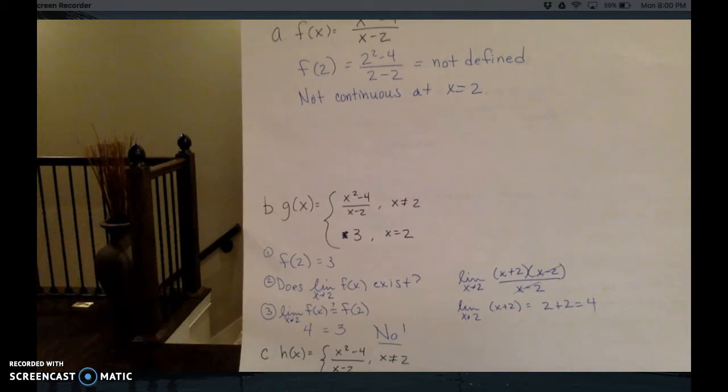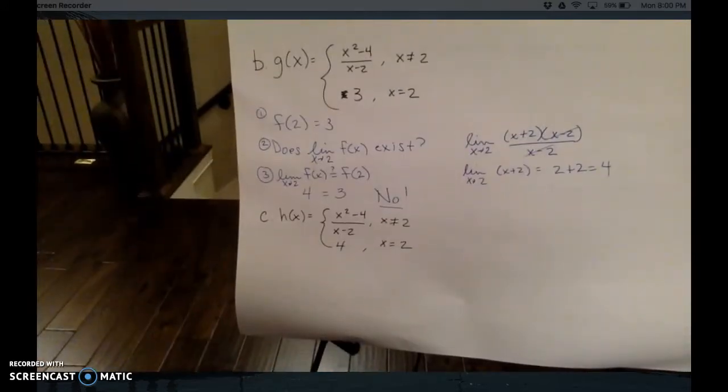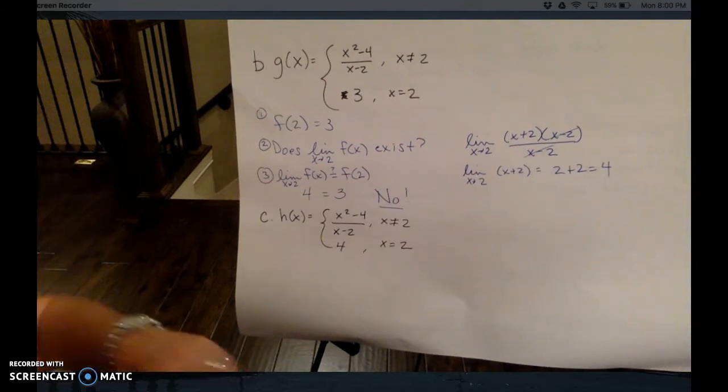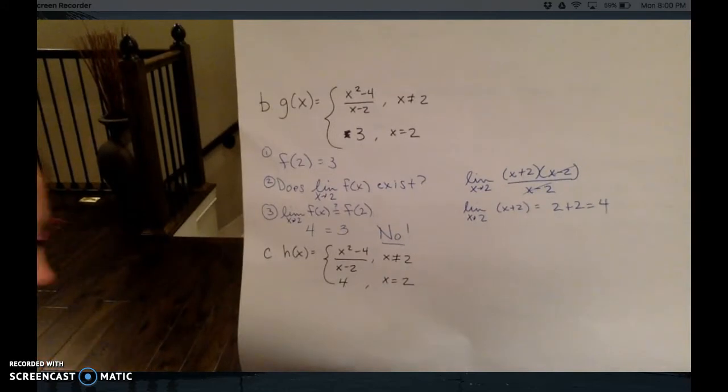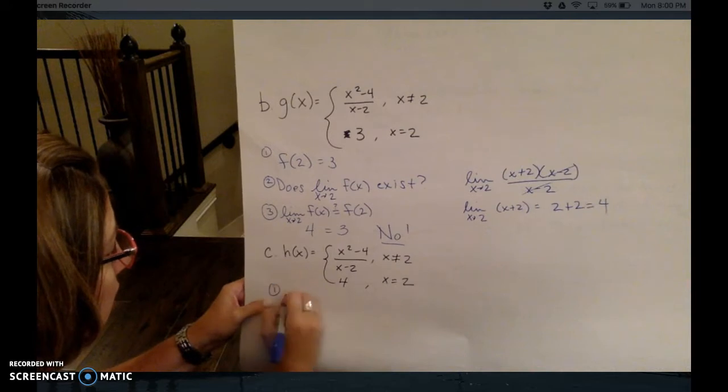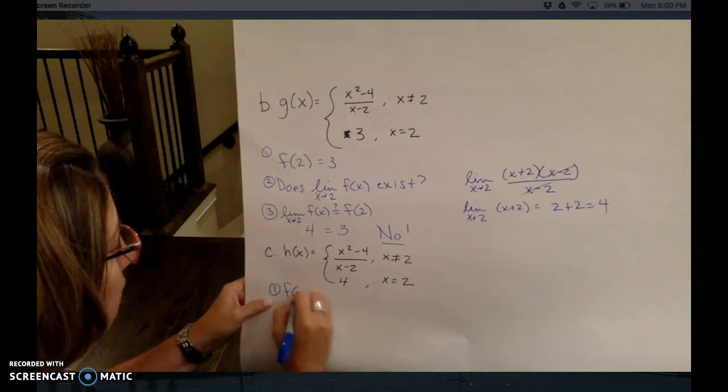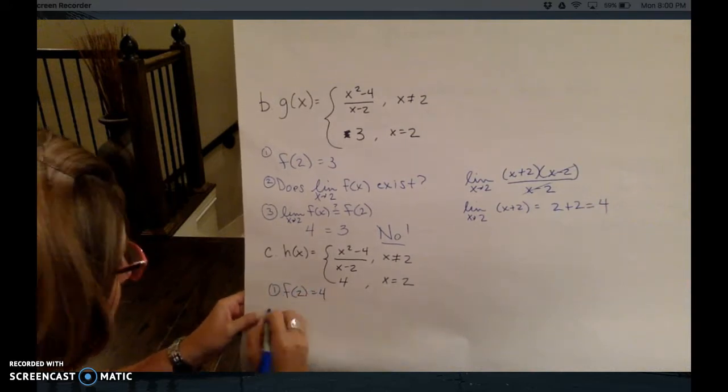Okay, so now we'll go down here to the bottom one, h of x, and you'll see that this one has something a little bit different than the last one, where we've got, again, the same function, but now when x is equal to 2, we've defined it as 4. So f of 2 now is 4.